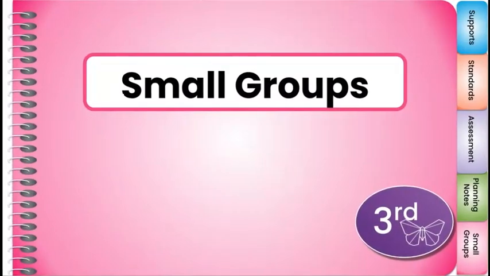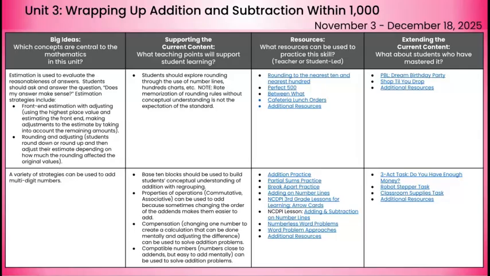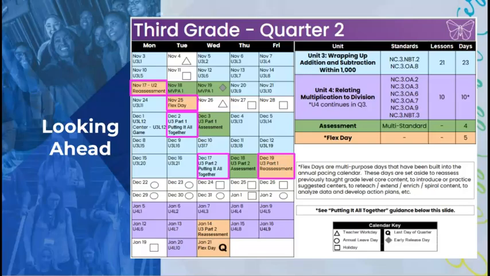The final section of the curriculum guide is the small group support section. This section highlights big ideas of the unit, key teaching points, and resources that can be used to re-engage students in the work of the unit as needed. You will also find resources to extend learning in the final column on these slides. You might be wondering when to use the small group resources in the curriculum guide.